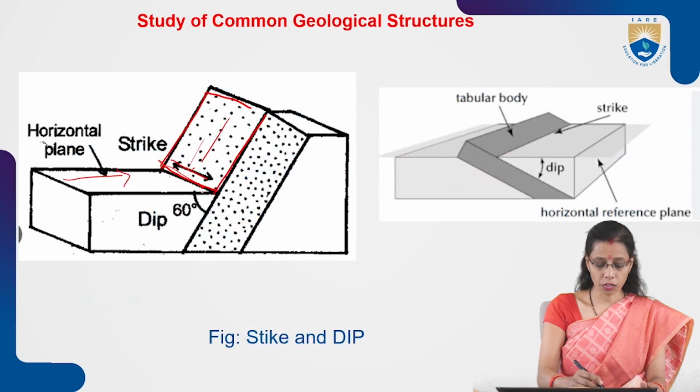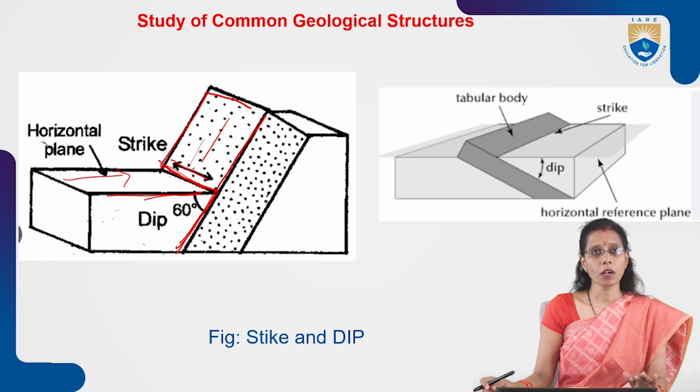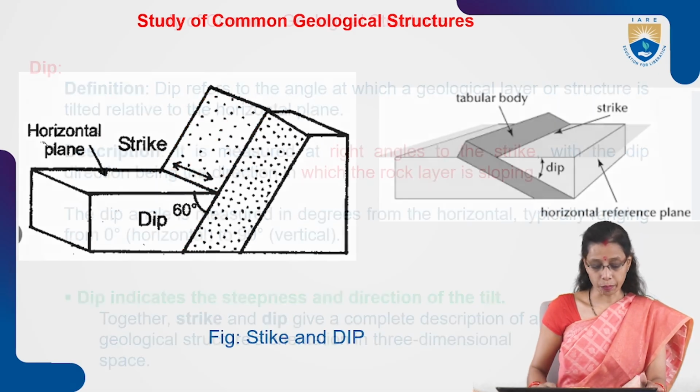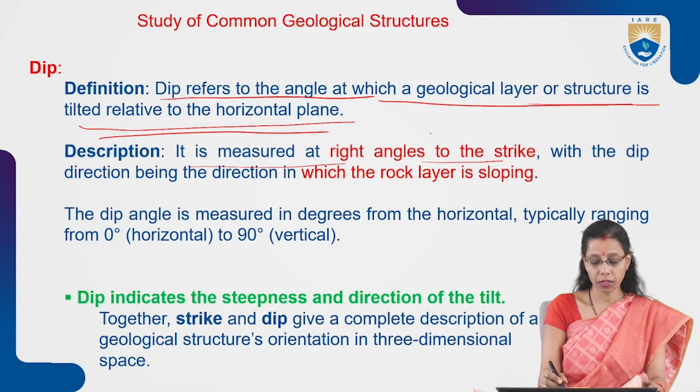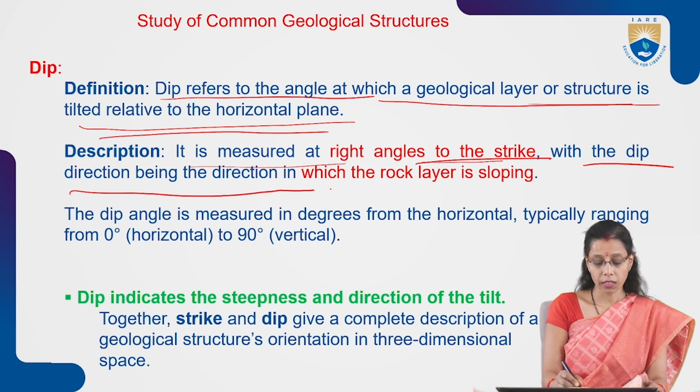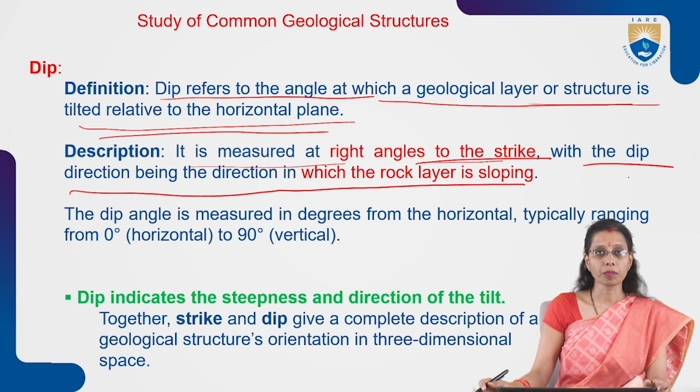If you see the previous image, this is the horizontal plane, and from here there is an angle beneath it, which we call dip. Down from the horizontal plane at an angle, that we call dip. It is measured at right angles to the strike, with the dip direction being the direction in which the rock layer is sloping.